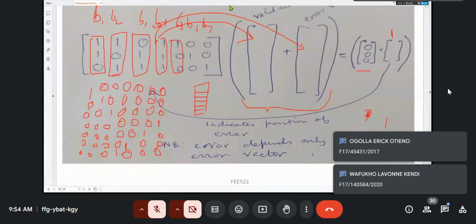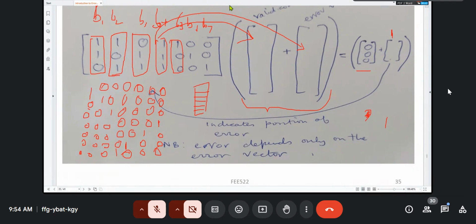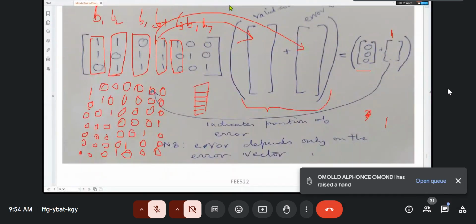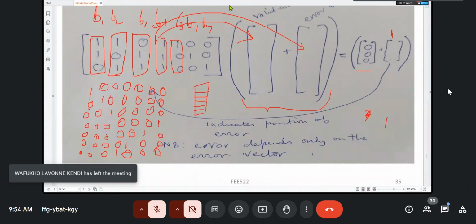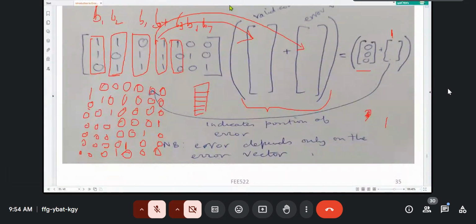Who can try? I think it determines the code's ability to detect and correct errors.